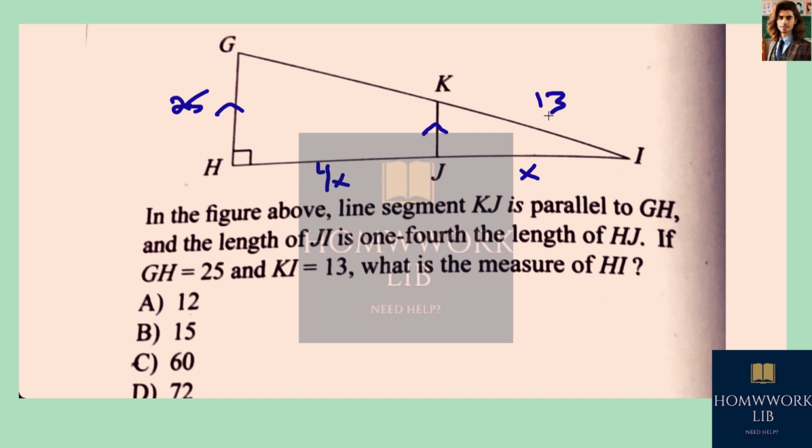Well, something we would know is that since these are parallel, KI would be 1/4 of GK. So 13 times 4, this would have to be 52.